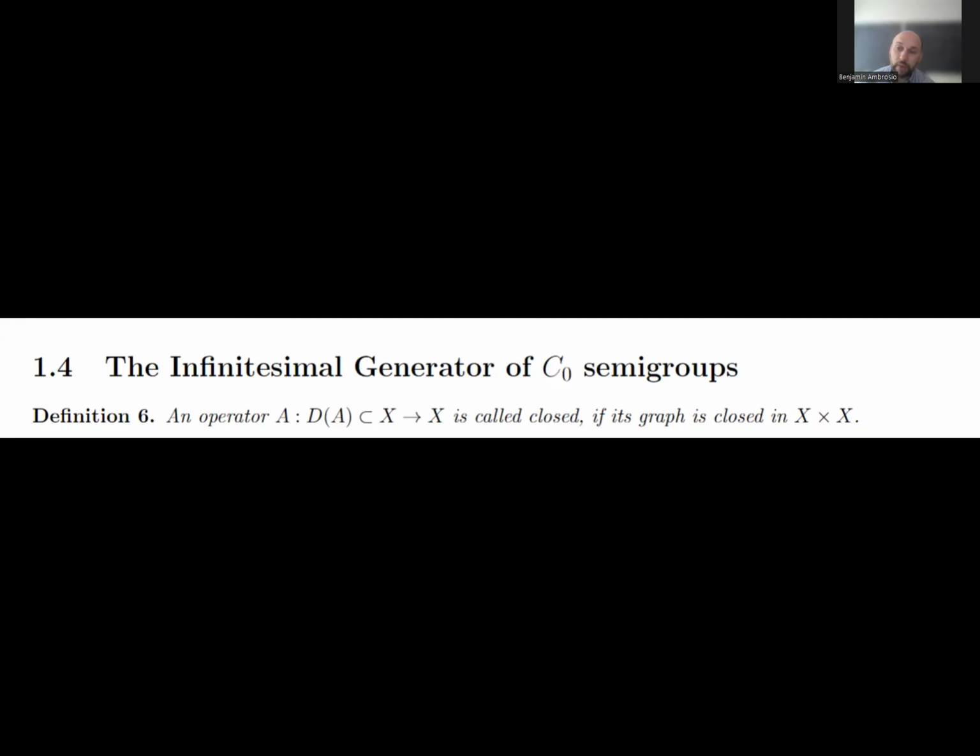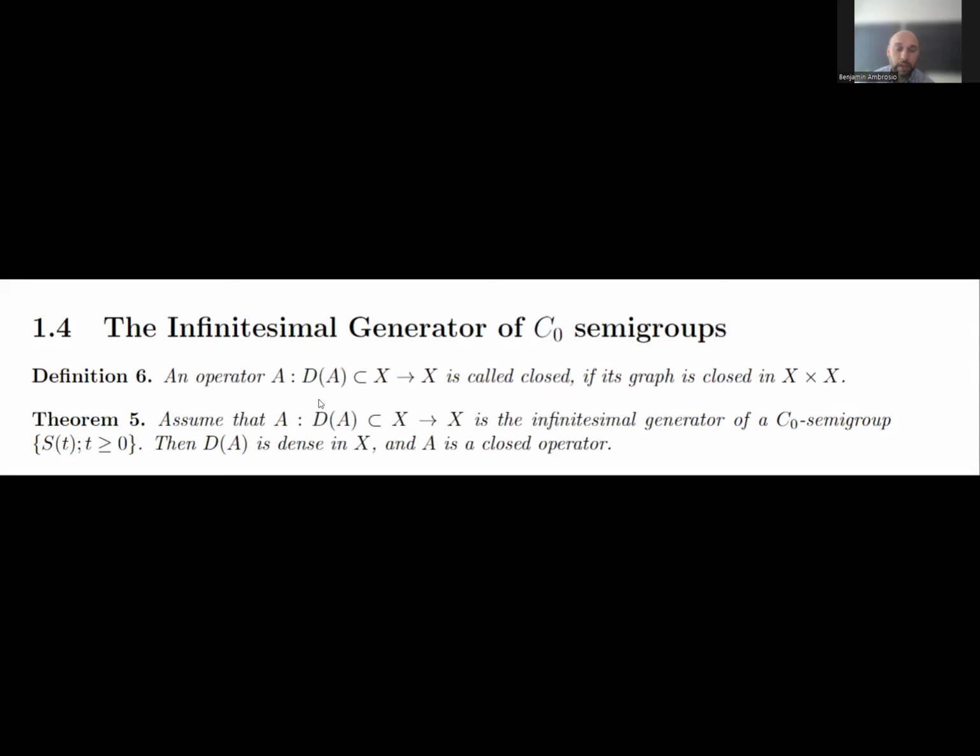So once you have that, you have this theorem. In fact, when A is the generator of a C0 semigroup, then first D(A) is dense in X, and A is a closed operator.